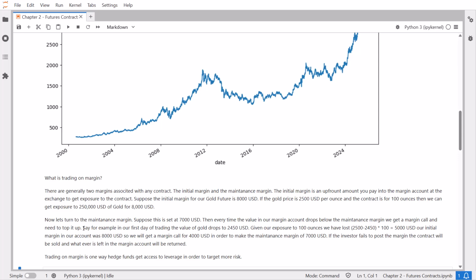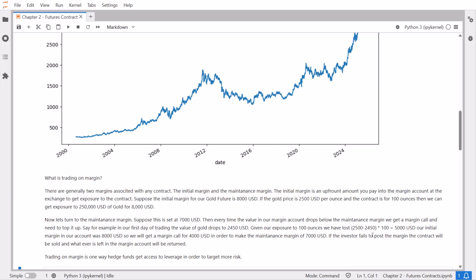So say on the first day, the value of gold drops by $50 per ounce, then we have exposure to 100 ounces, so we've lost about $5,000, and our initial margin in our account was $8,000, so we get a margin call for $4,000 in order to make the maintenance margin back up to that $7,000.